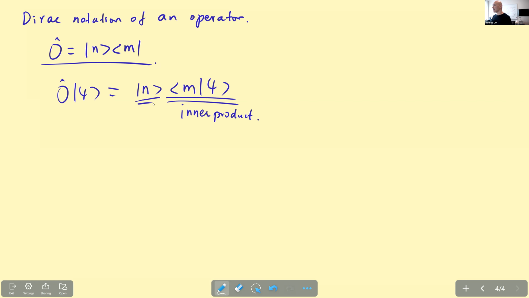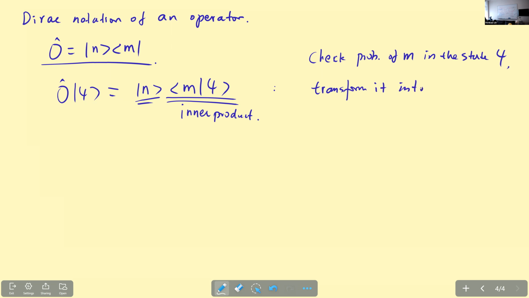So basically, the effect is that this operation first of all checks the probability of m in the state psi, right? And then transfers it into the state n, okay? So if the probability is 0, of course, the state is 0.